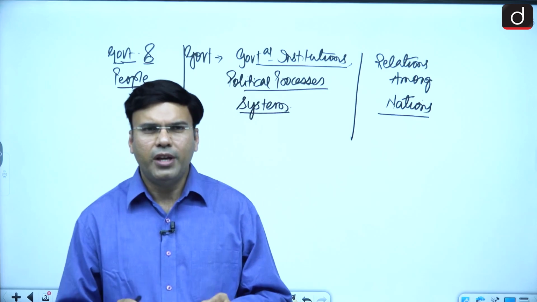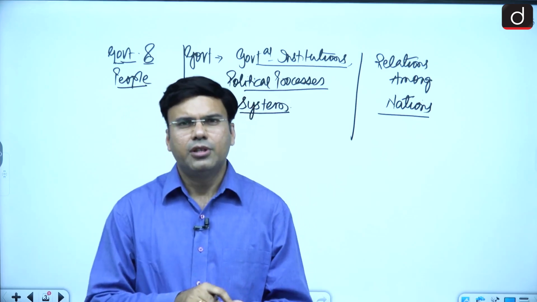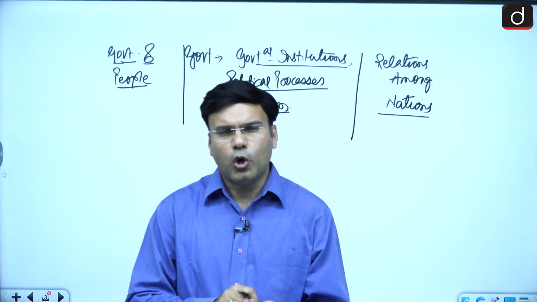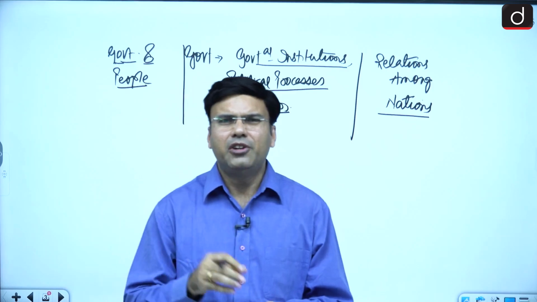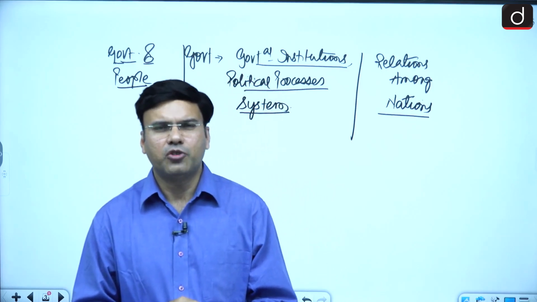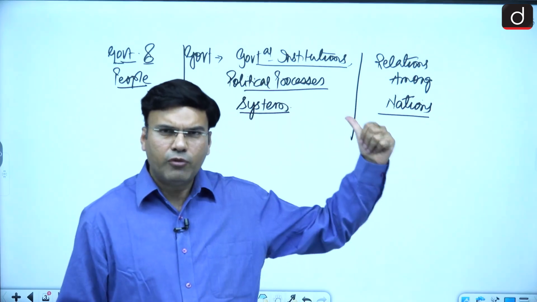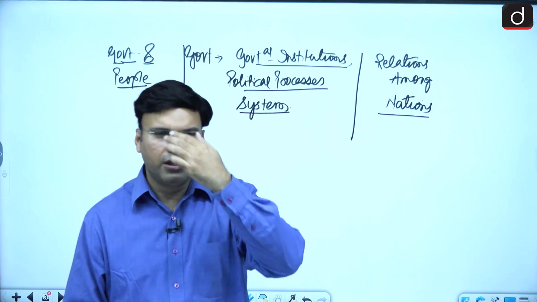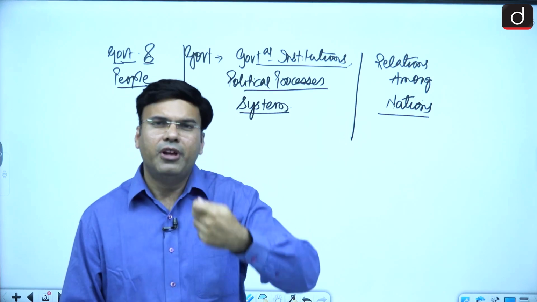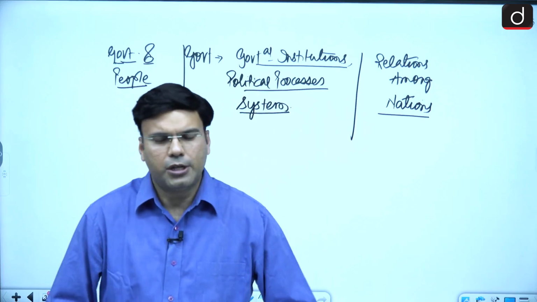So there's no way you have to think that this subject should be dealt with a very technical kind of argument. People can opt for it freely, and then you have to take into consideration all the other aspects that one should be well versed with while making a choice for selecting their optional.